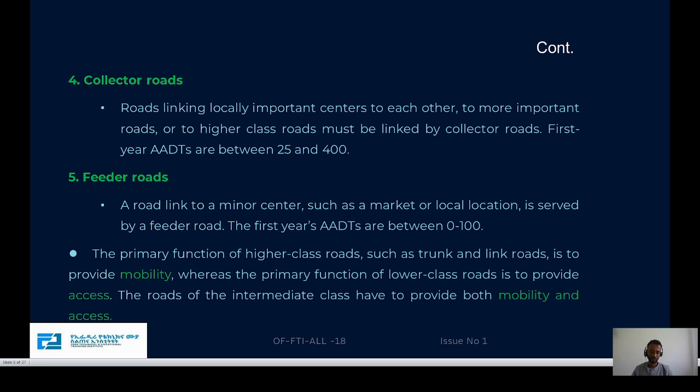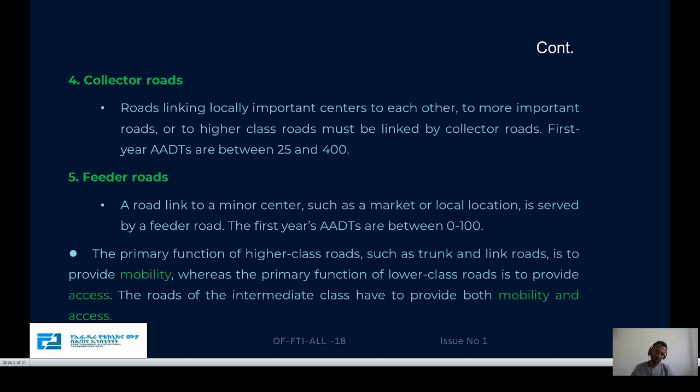It provides traffic for the access roads, so the ADT will be 25 up to 400. And lastly, the feeder roads will serve minor centers. They provide access for the market or local locations. So the number of vehicles for feeder roads is 0 up to 100 AADT.